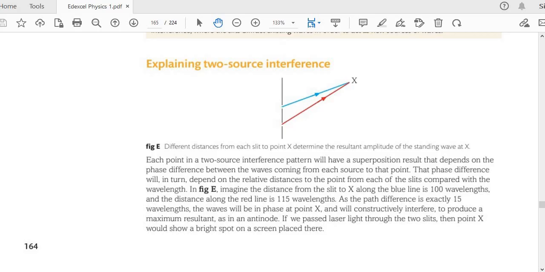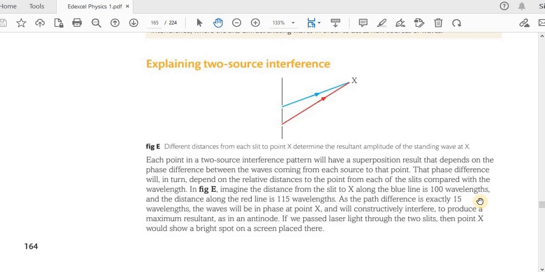So now you understand, when there is destructive interference, we have a path difference of a natural number plus half, or just half even is fine. And when we have constructive interference, the path difference will be only a natural number of wavelengths. So if the path difference is a natural number plus half or just half, then we will have destructive interference. At that point we will have a node where the crest and the trough meet.